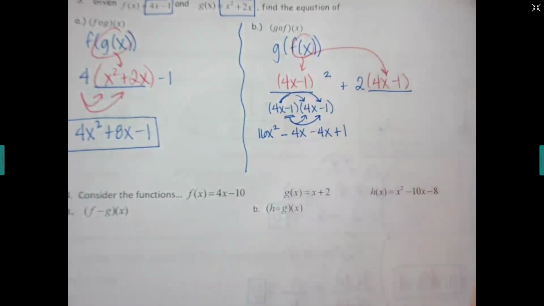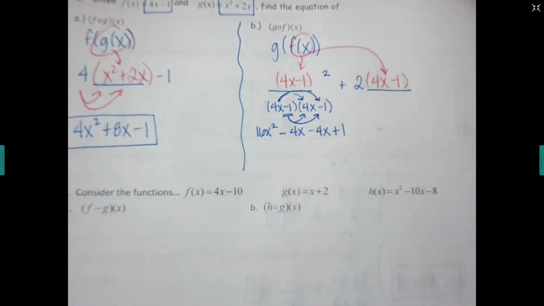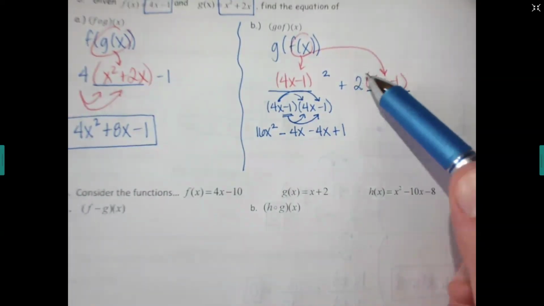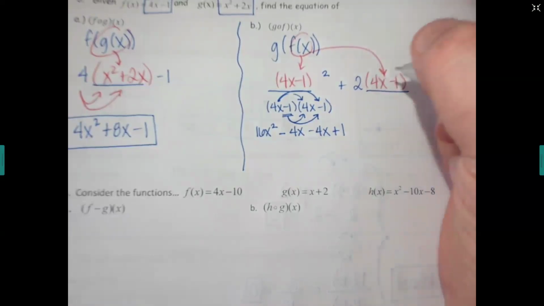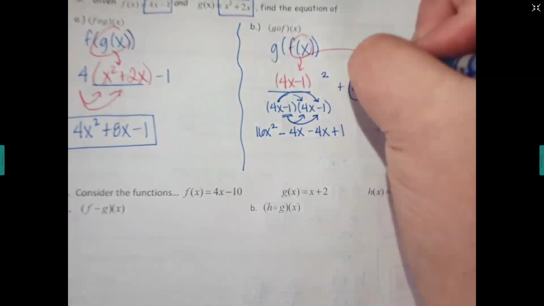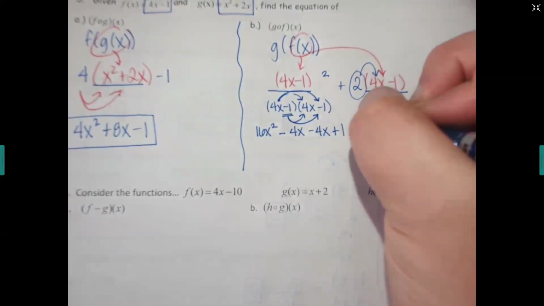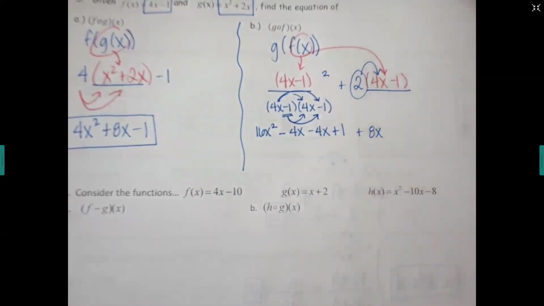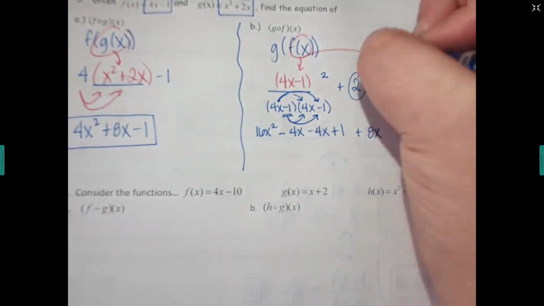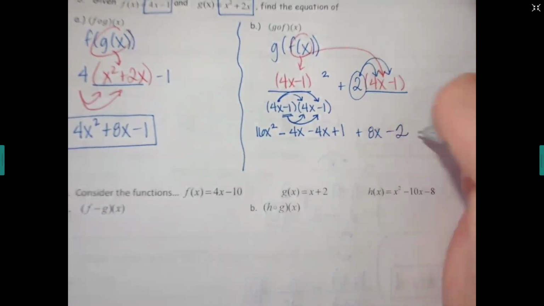Plus 1, because remember, negative times a negative is going to cross out. From there, I'm going to go ahead and times this 2 in. What's 2 times 4x? 2 times 4x is 8x. And then 2 times minus 1 is a minus 2.